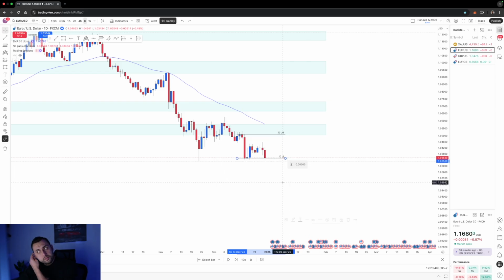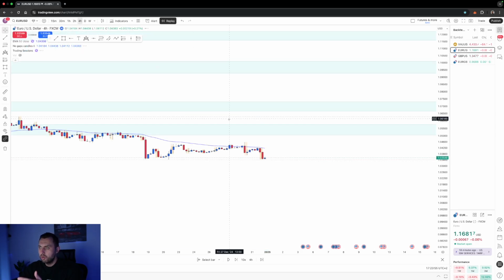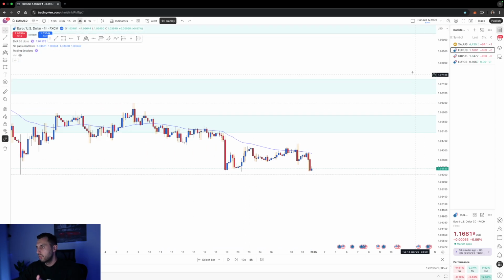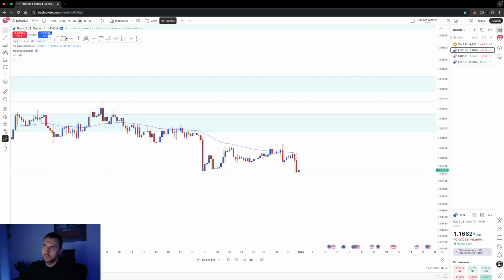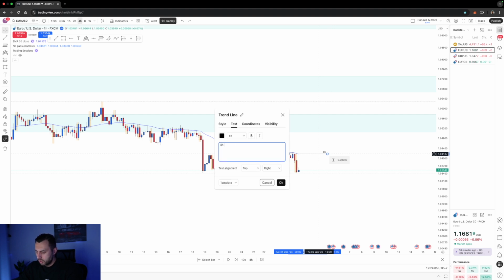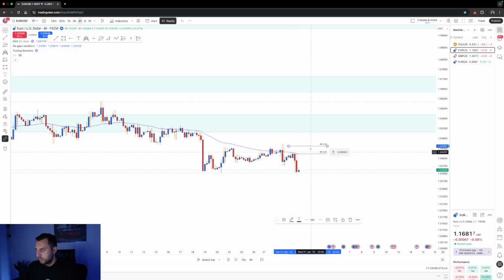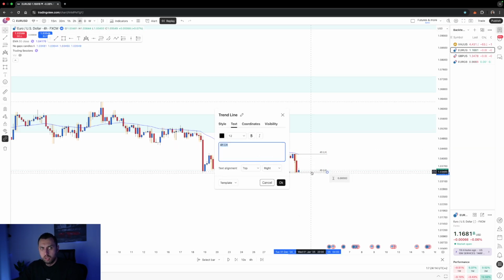Now we have weekly bearish, daily bearish, and 4-hour is also bearish. Let's say like this. 4-hour lower high and 4-hour lower low.